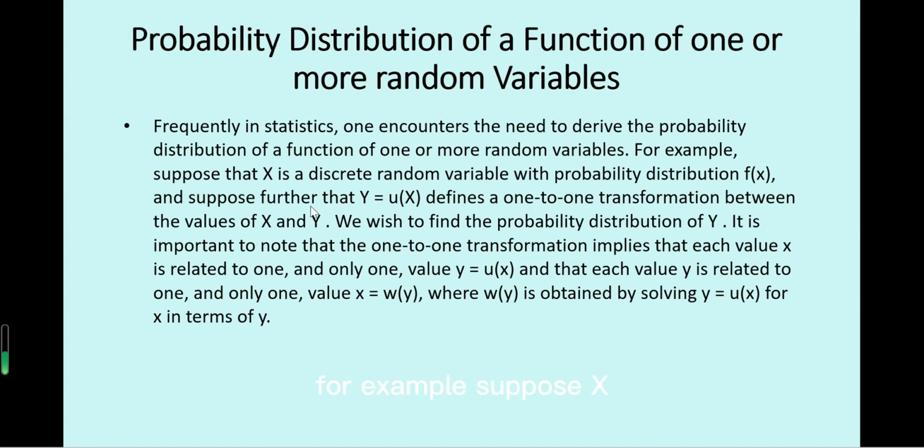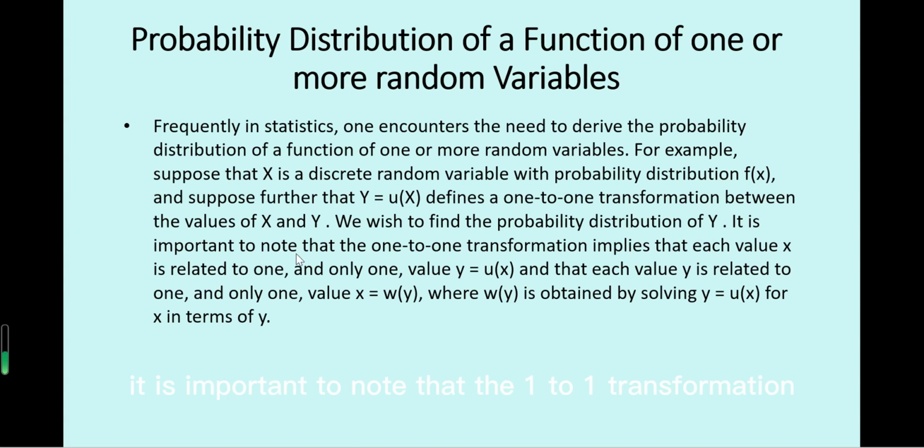For example, suppose X is a discrete random variable with probability distribution f(x), and Y is a function of X, so we denote Y = u(X), which defines a one-to-one transformation between values of X and Y. Now we wish to find the probability distribution of Y.